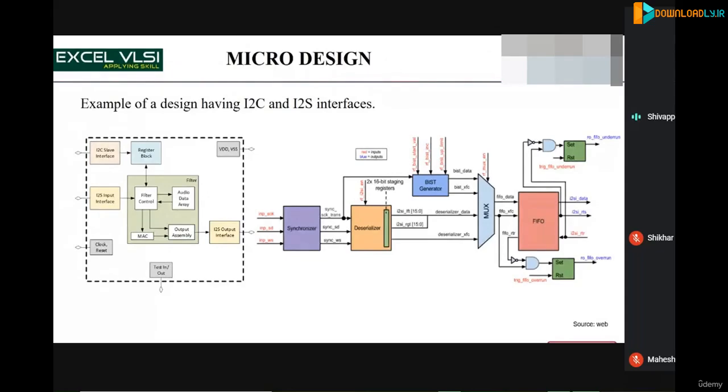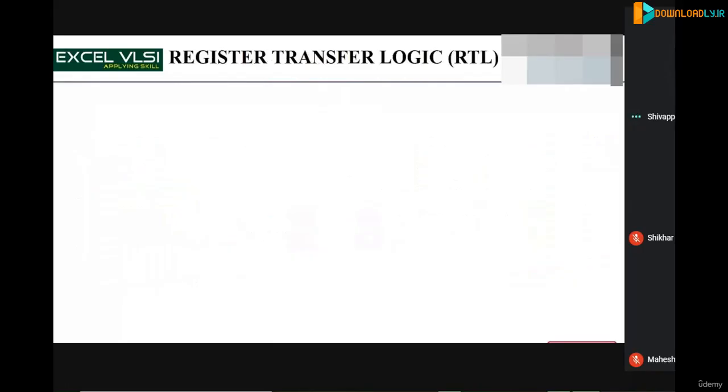Of course you are doing some processing inside, okay, and then to the multiplexer, to the FIFO, and then finally, right? So all that you are doing here is the transfer, the data movement.